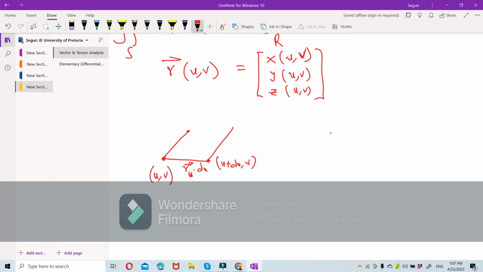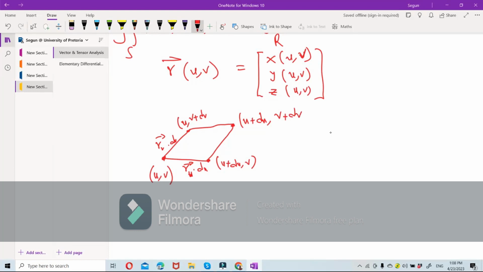If the same thing happens with respect to r_v dv, we have another extension, which is u, comma v plus dv. The two extensions can meet at a particular point. I can call this point u plus du, comma v plus dv.